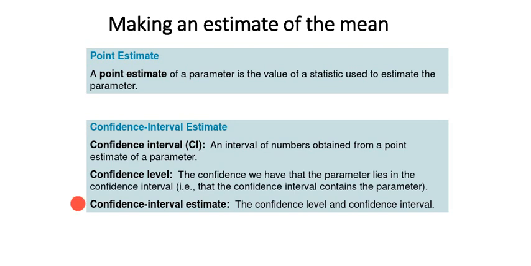And a confidence interval estimate is the confidence level and the confidence interval both together. So we call our confidence interval estimate both together: the interval in which we're saying that a population mean will exist, and the level of confidence that we have that it exists within that interval.